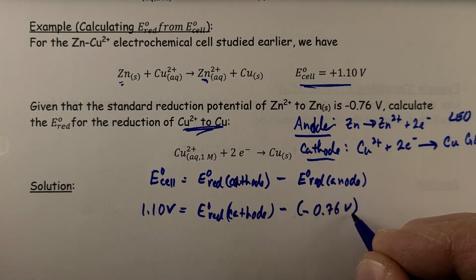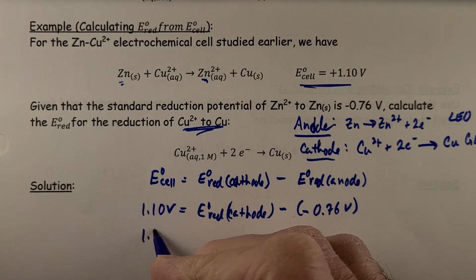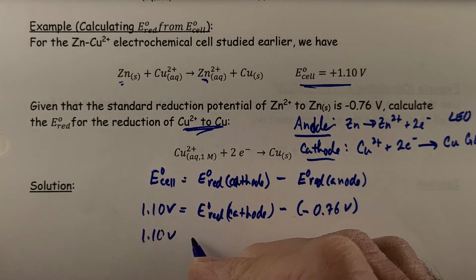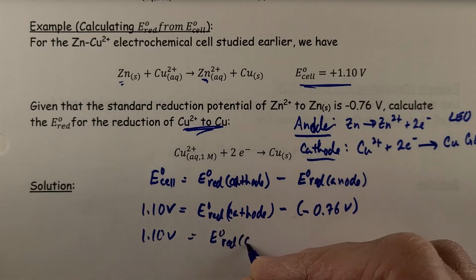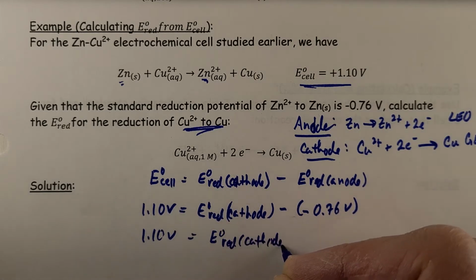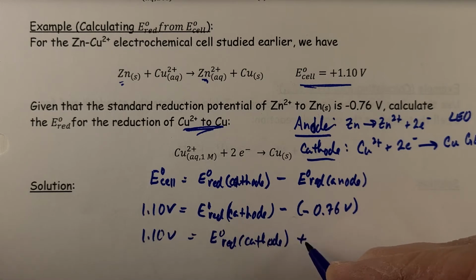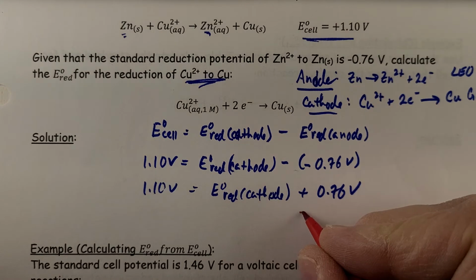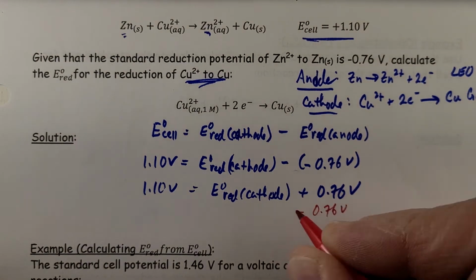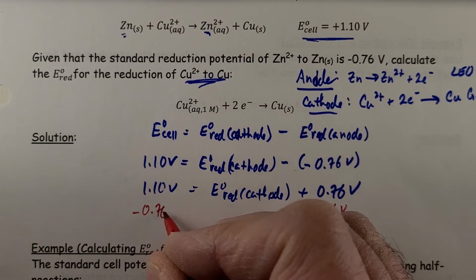So 1.10 equals the reduction at the cathode minus, and the minus is a plus, so plus 0.76 volts. To solve for the cathode, we add 0.76 to each side.